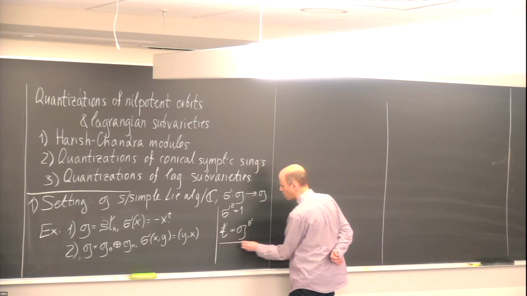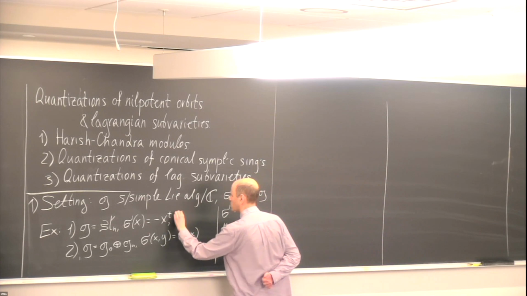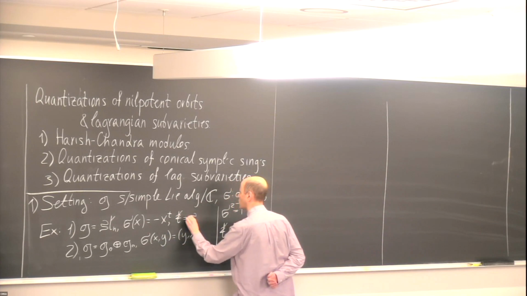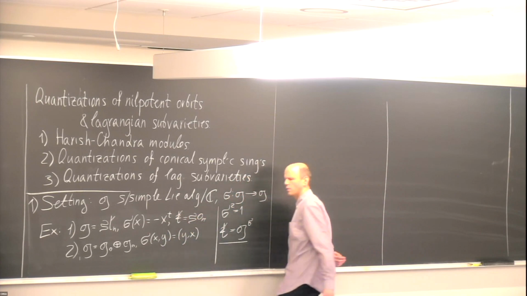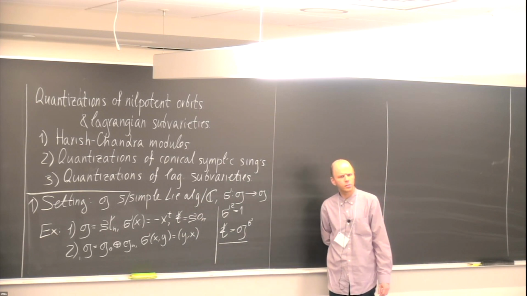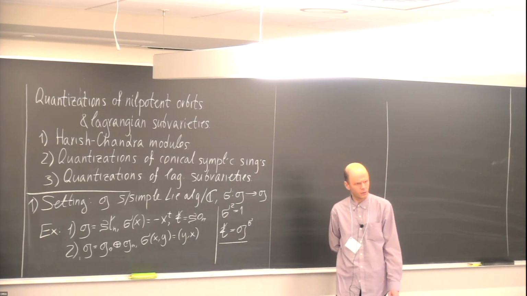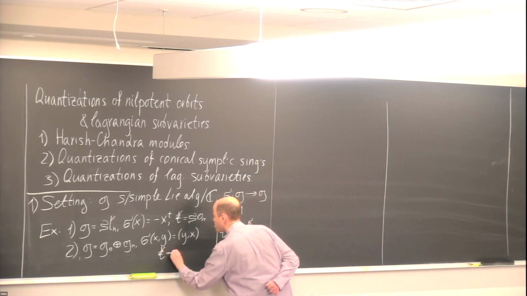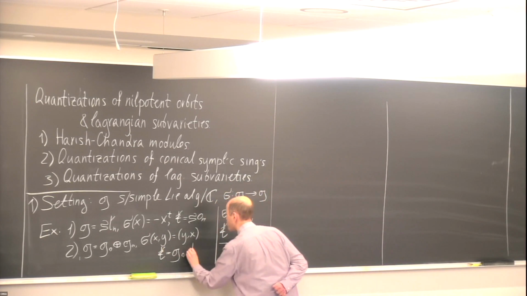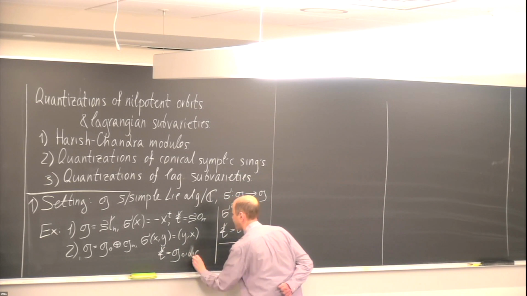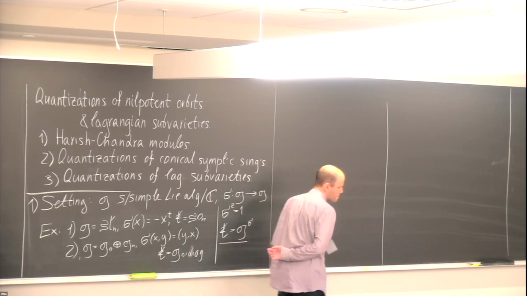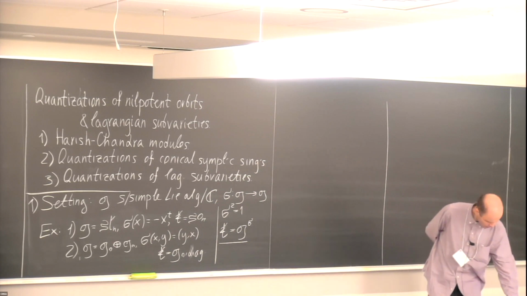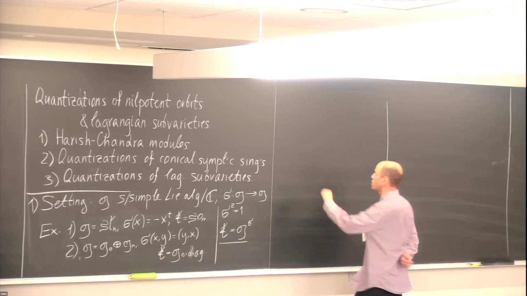In my first example, this K is so_n. And in my second example, K is just g_0 embedded diagonally.